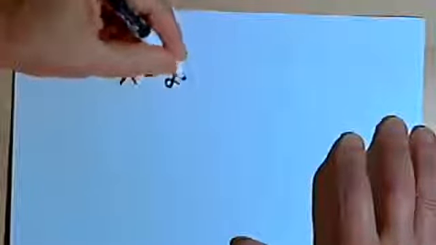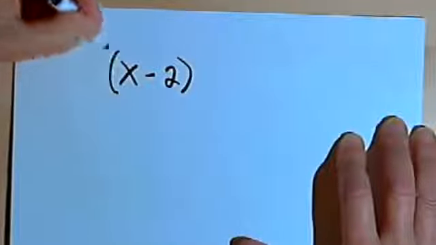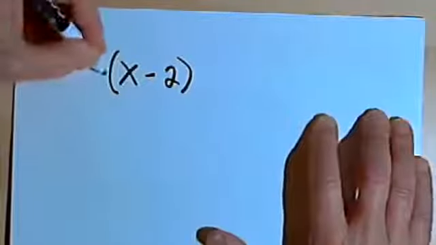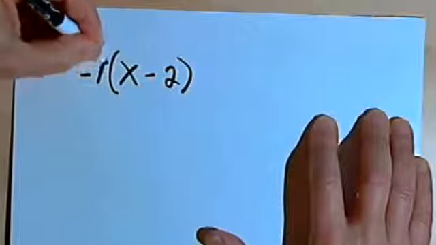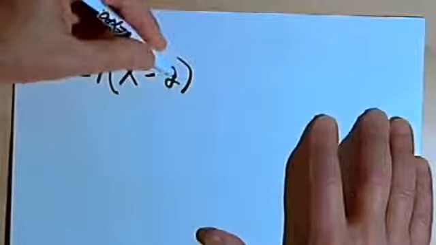Now, you can have an additive inverse for an expression. It doesn't have to be just a number. So if I had an expression like x minus 2, and I wanted to find its additive inverse, what I could do is multiply it by negative 1, and that would give me the opposite of x minus 2.